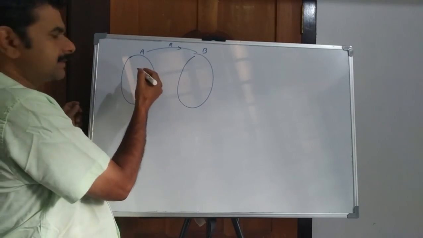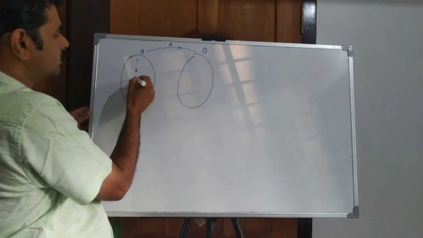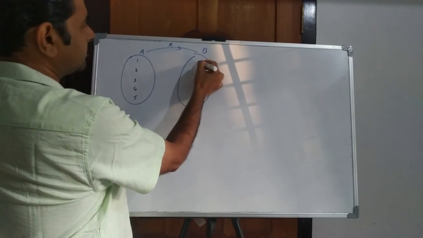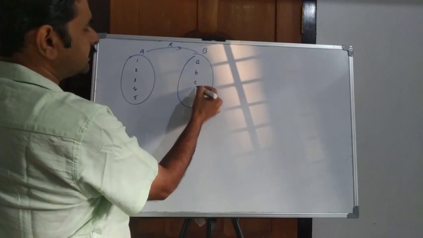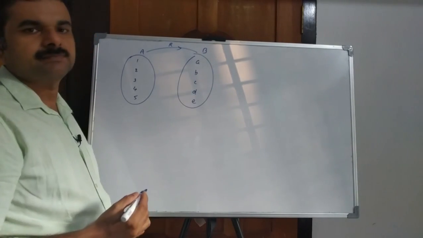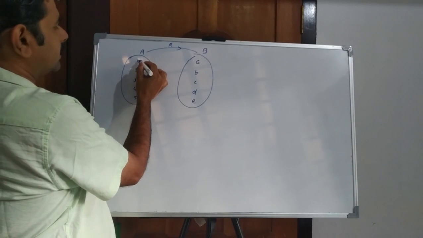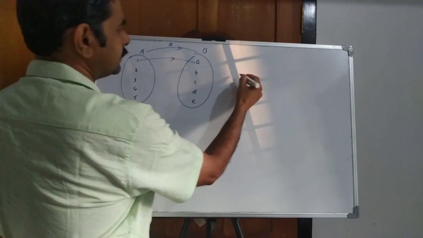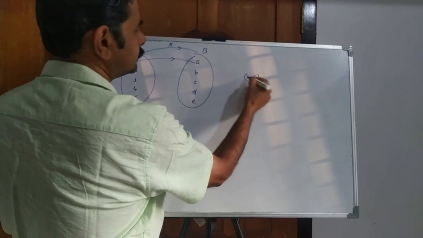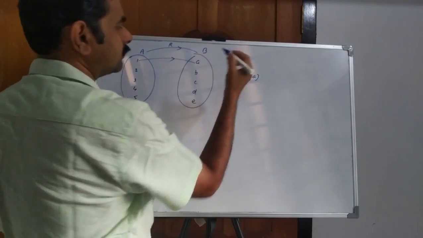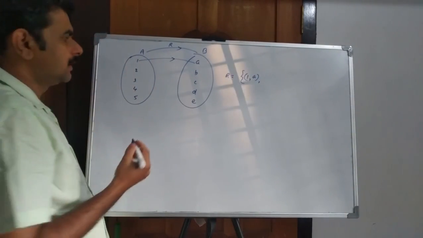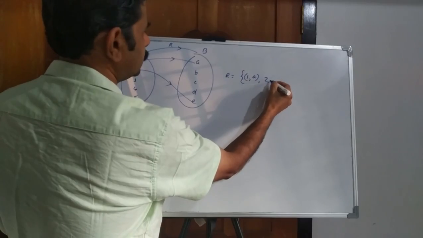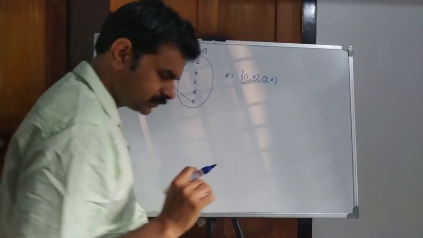In the set A, there are several numbers: 1, 2, 3, 4, 5. In the set B, suppose the elements are A, B, C, D, E. This 1 is connected to A, that is 1A, in the relation R. Then 2 is connected to E, that is 2E.